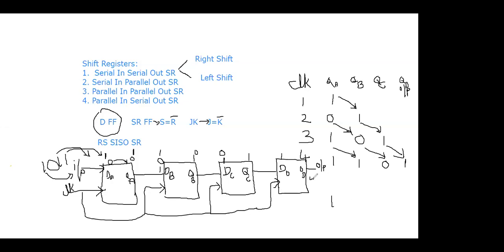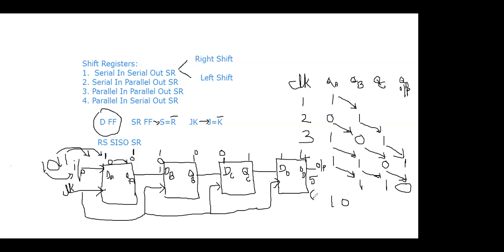And across the fifth clock pulse, what happens? There is no data across QA. Why? Because we are sending only 4 bits. That's why again this is shifted here, this is shifted here and this is shifted here. So it becomes 0. Now what is our output? 0.